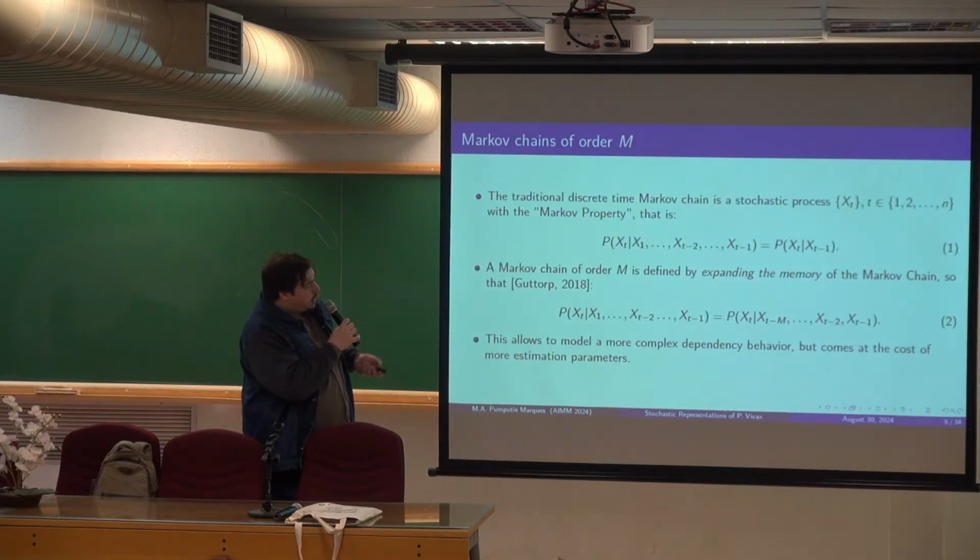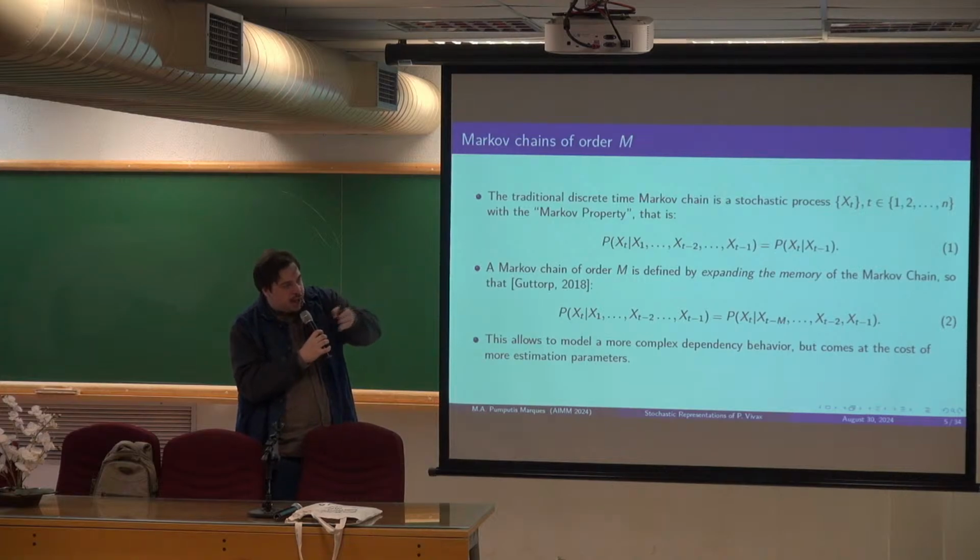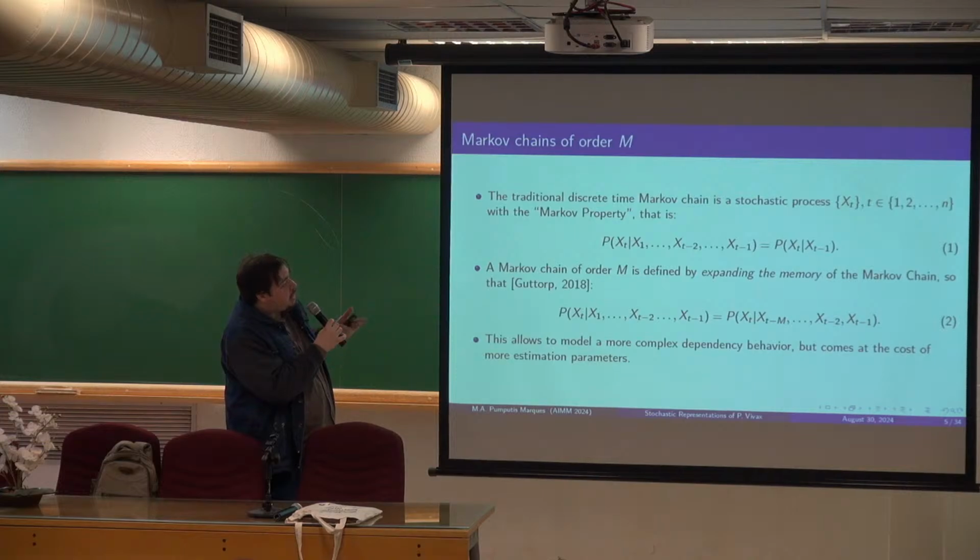Right? So first, starting with the basics, the idea of a Markov chain is that we have a stochastic process, that is a process where the variables are recorded in order of time, in the order that they happened, and there is a statistical dependence in this order.